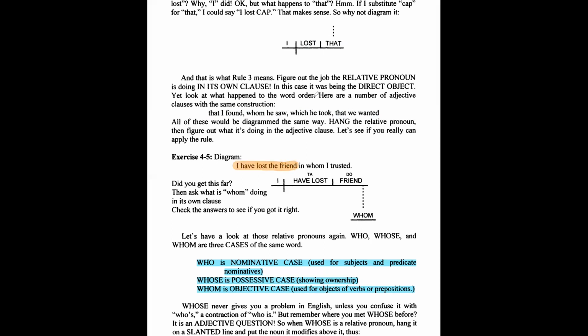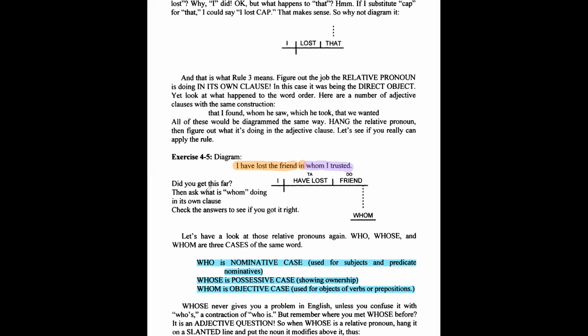That is the main clause. In whom, okay? In is going to be a preposition in the main clause. Whom is our relative pronoun, right? So this is the beginning of an adjective clause, whom I trusted. So I have lost is our subject and main verb, and then the friend, the is going to go under.